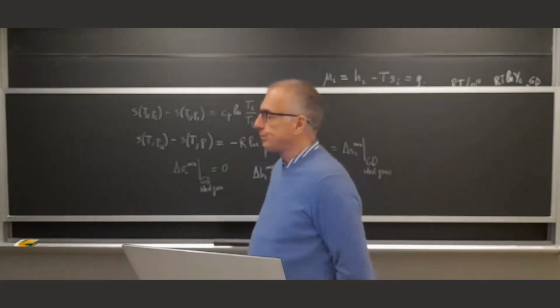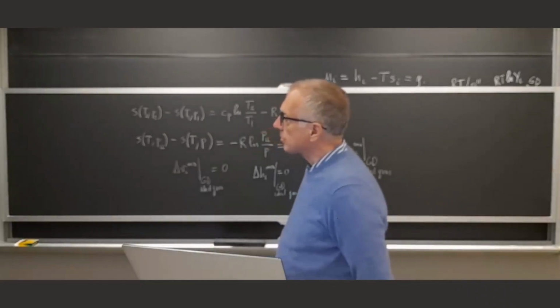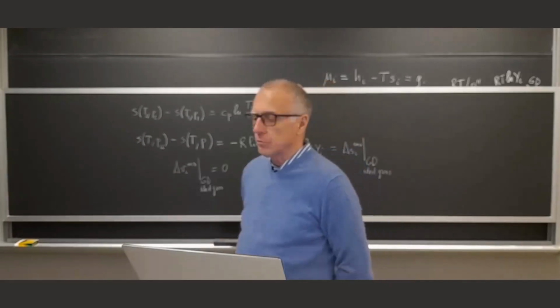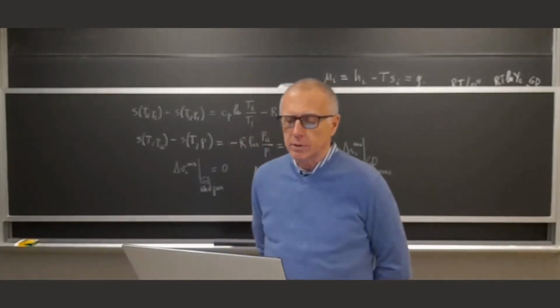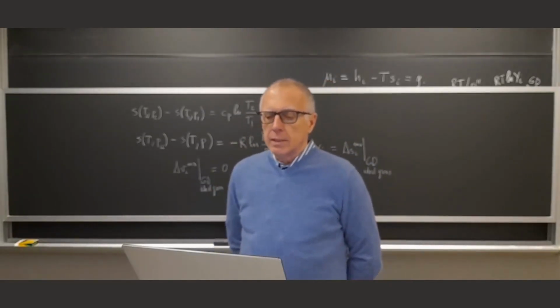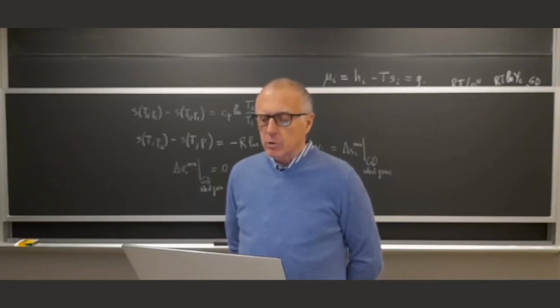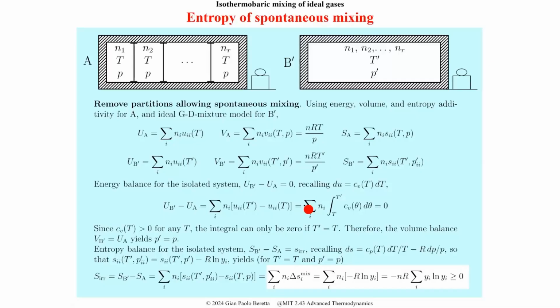Okay, so now let's apply, for example, an important example of what we have seen. We want to compute the formula at the bottom here that we call the entropy of spontaneous mixing, which is actually going to be an isothermobaric mixing.